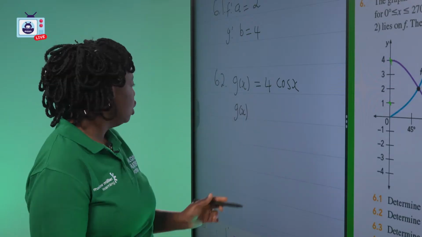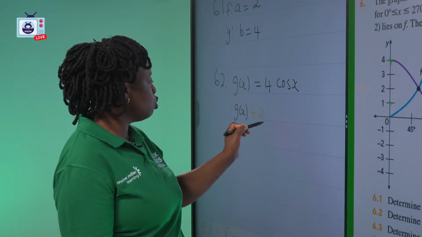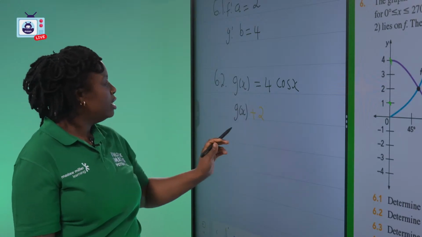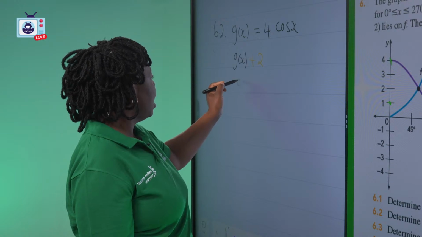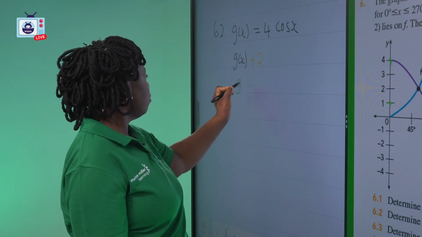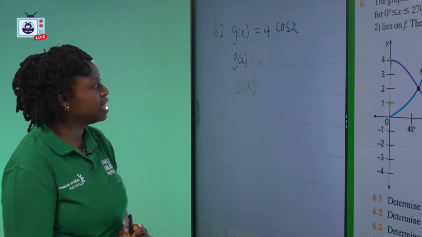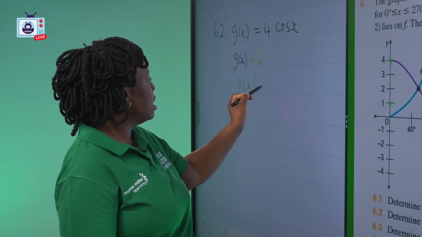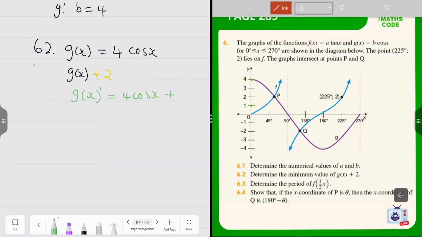Maybe we can call this one g prime of x, so that we remember what happened, that there's an impact there. So that means we have 4 cos x plus 2. What did I say 2 represents?